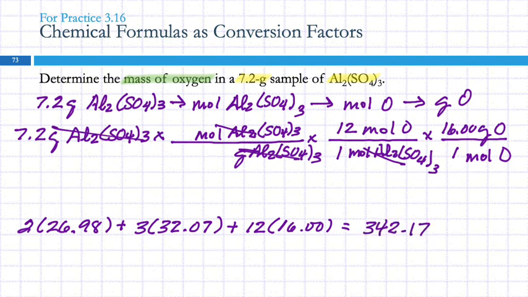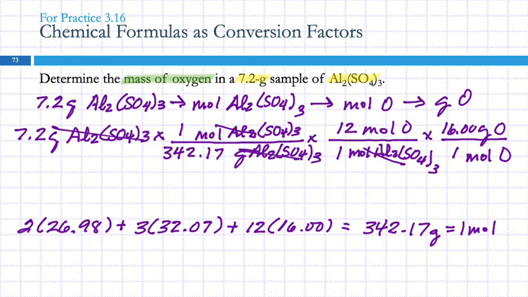Anybody agree? Anyone disagree? Okay. So that's the mass of 1 mole of that thing, right? So 1 mole of aluminum sulfate weighs 342.17 grams.